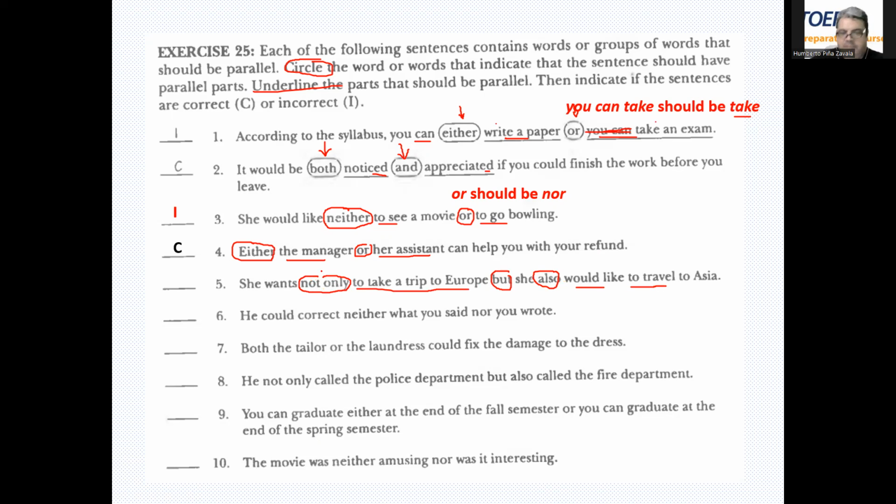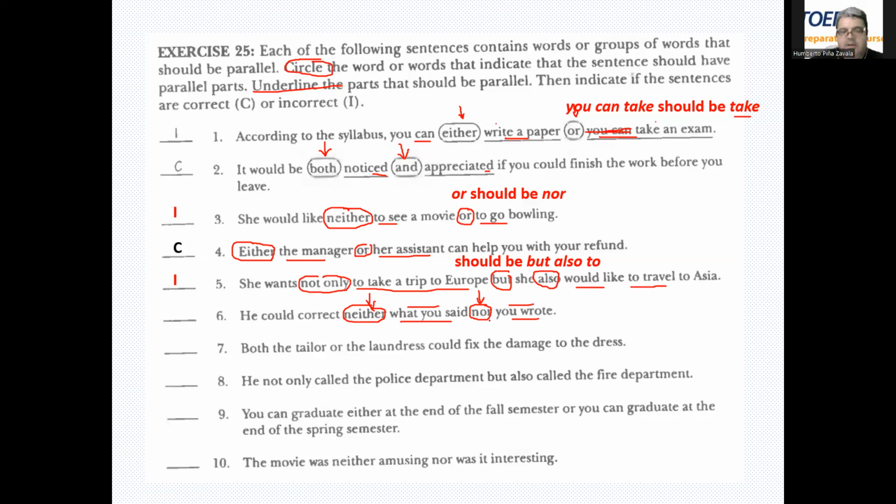Okay, so it's not only, but also, you know, we don't separate the parts of the pair conjunctions, not only, but also, not but she also. You could correct neither what you said nor you wrote. So this is a pair conjunction. But the problem here is that we have what you said as a clause, and here you wrote.